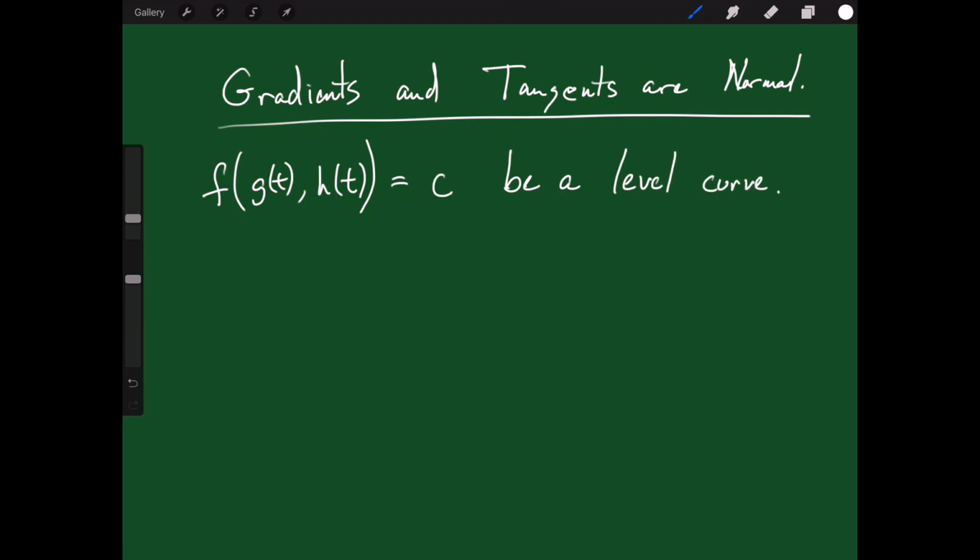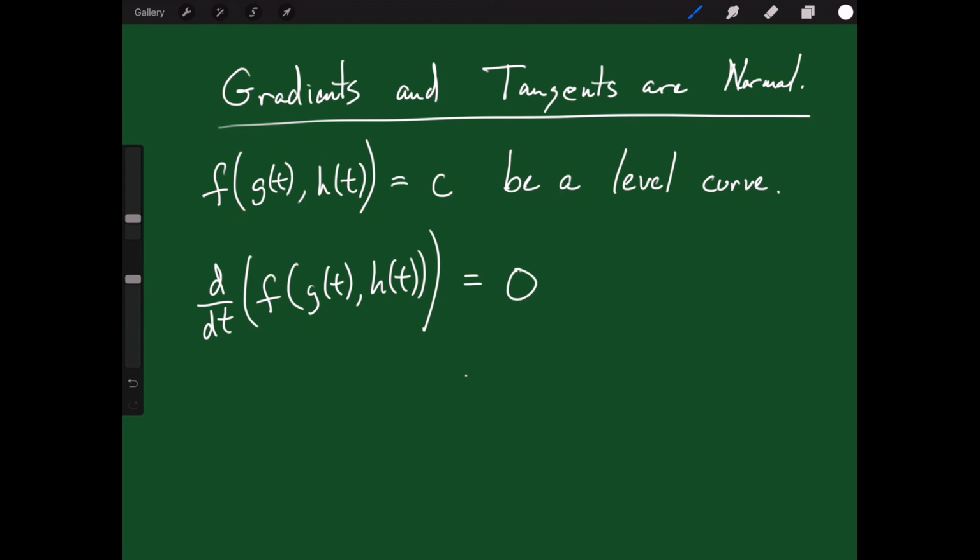Okay, so that's a level curve. So I could take the derivative of this function with respect to t. So let's take the derivative with respect to t of this function f of g of t, h of t. And the derivative of c is 0.